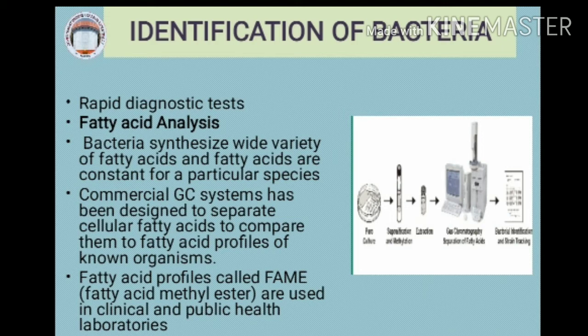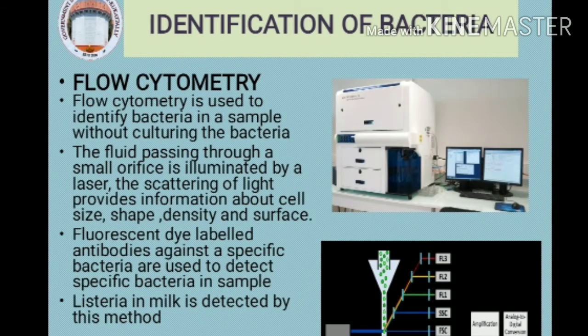Flow cytometry is another very powerful technique to identify bacteria in a sample without culturing the bacteria. The clinical sample fluid passes through a small orifice in the flow cytometer and is illuminated by a laser that scatters the light, which provides information about the cell size, shape, density and surface configuration of the pathogen.